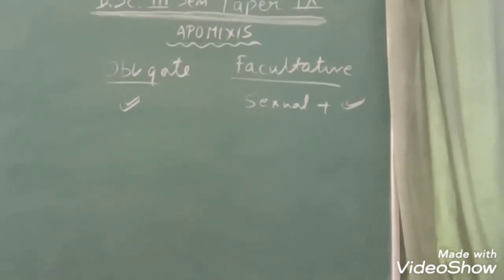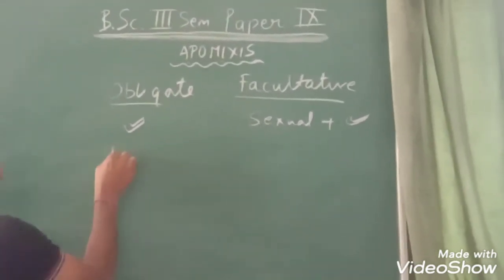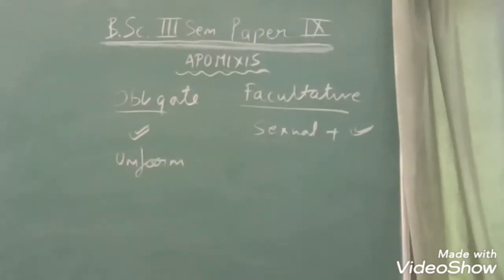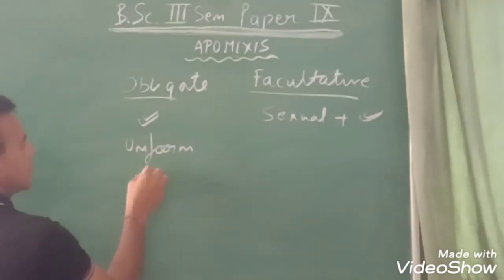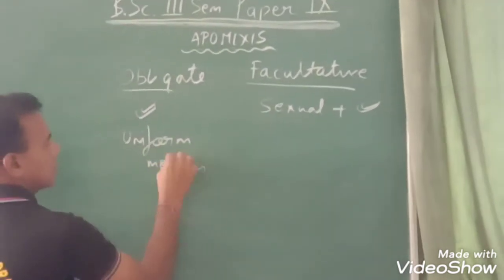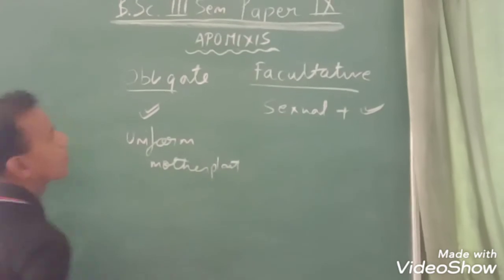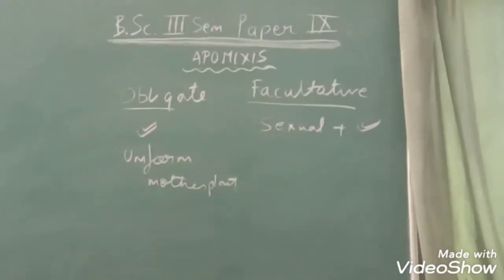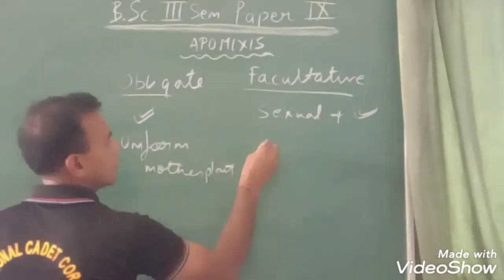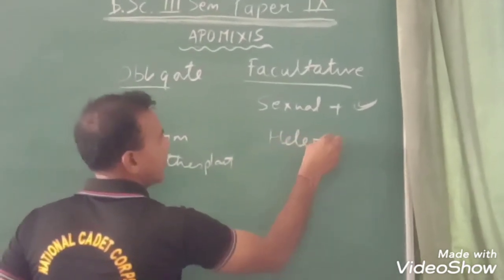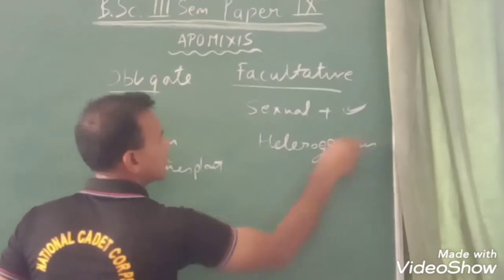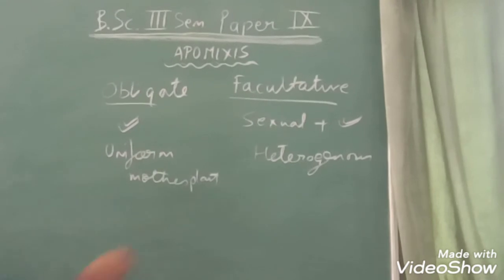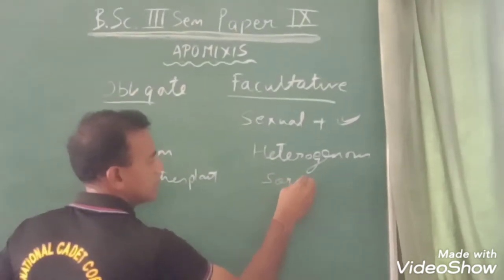In obligate, the progeny is uniform and it is identical to the mother plant. Whereas in facultative, the progeny is heterogeneous in nature and it is reported in plants like sorghum.